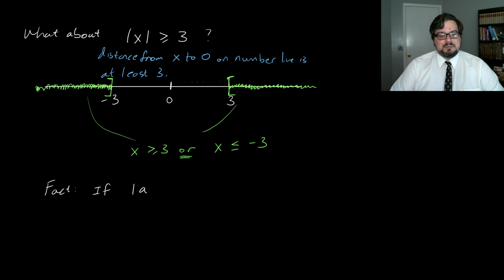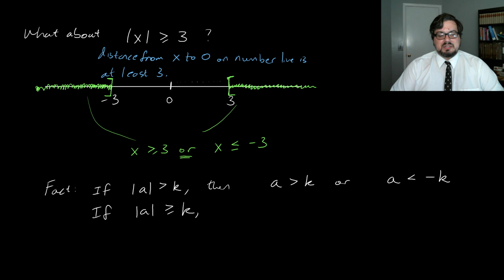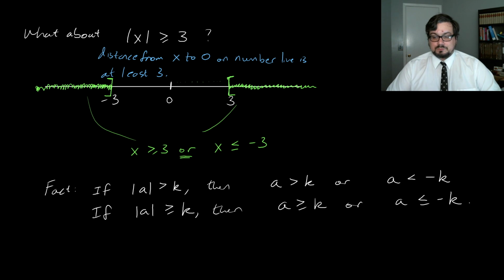So this gives us our rule, or a fact that we'll use. If the absolute value of a is greater than k, then that means that a is greater than k, or a is less than -k. And if the absolute value of a is greater than or equal to k, then that means that a is greater than or equal to k, or a is less than or equal to negative k.